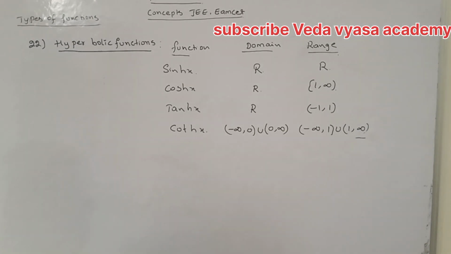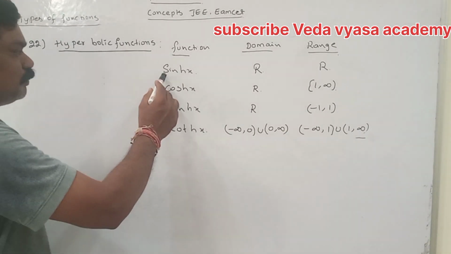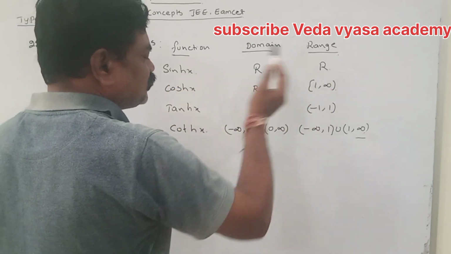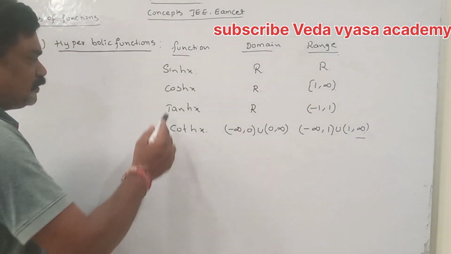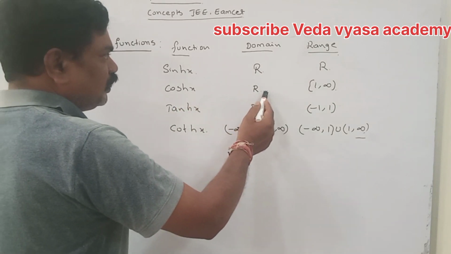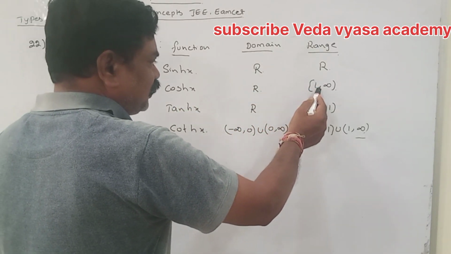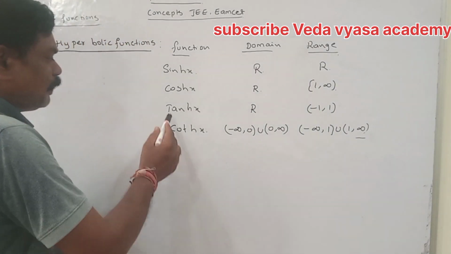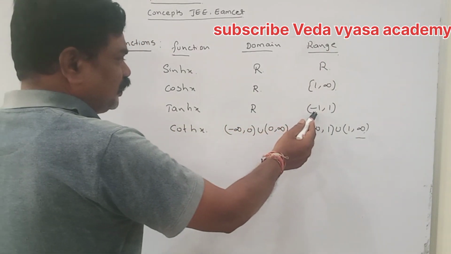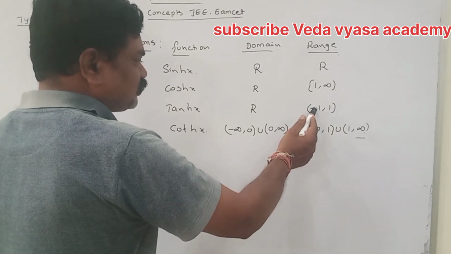Here once again you observe: sine hyperbolic function domain R and range the real number set. Cos hx domain R and range closed interval 1 to infinity. Tan hx domain R and range open interval minus 1 to 1.